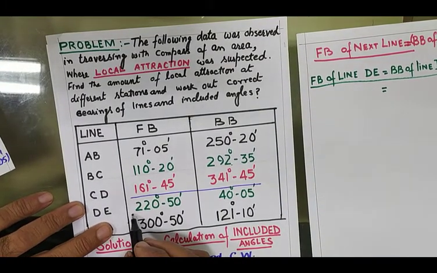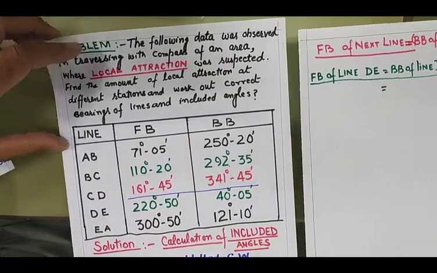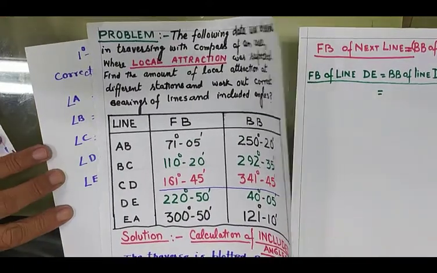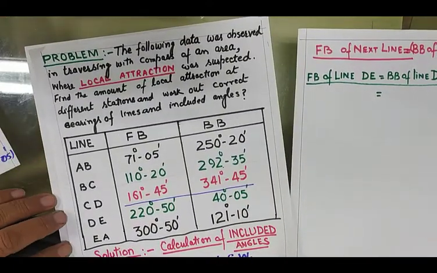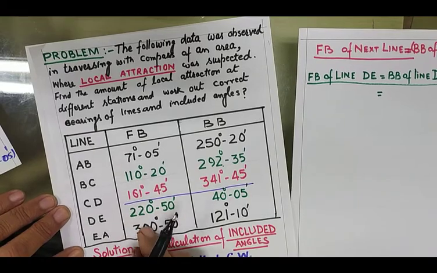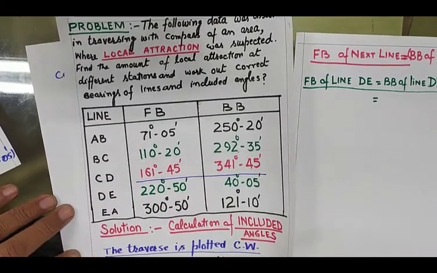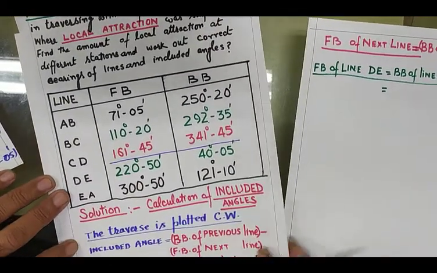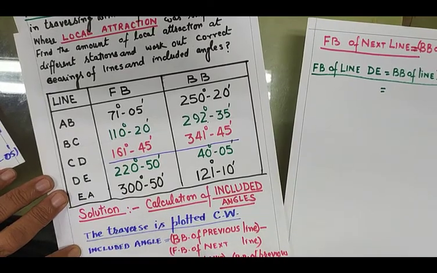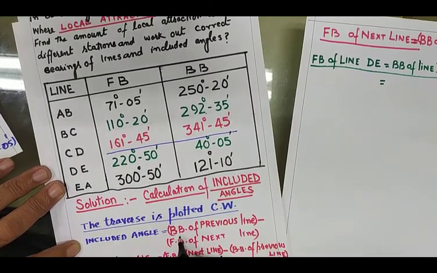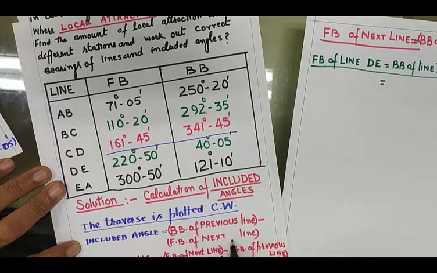As we have calculated in the previous case, the formula we applied over here: an included angle is given by the back bearing of the previous line minus the forward bearing of the next line.